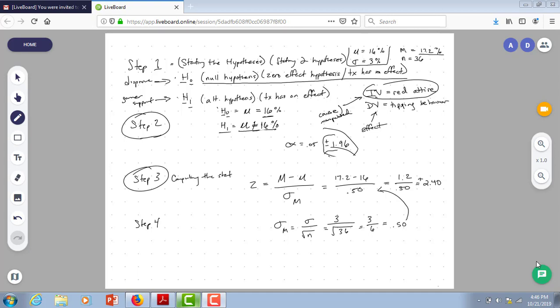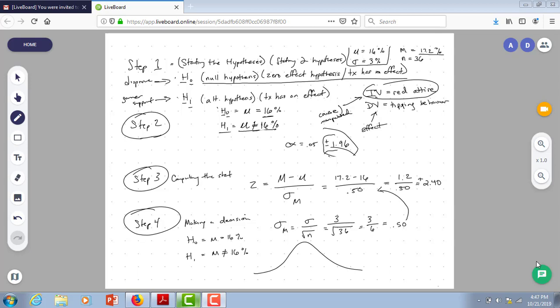Excuse me. Step 4 involves you making a decision about your hypothesis. So remember that the null was population mean equals 16. Research hypothesis was no, it's going to be different once we manipulate that independent variable.